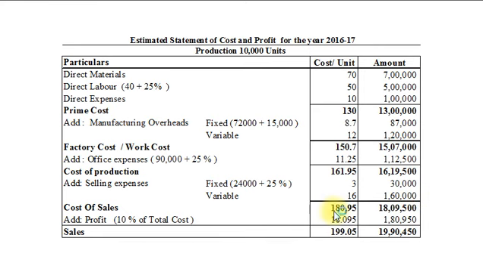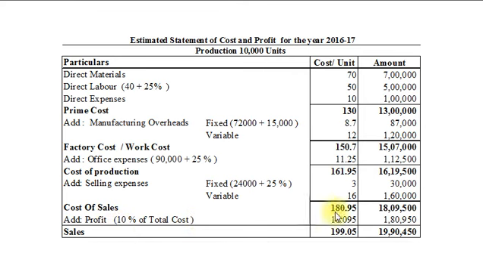So finally we get cost of sales or total cost rupees 180.95 per unit and 18,09,500 total. Now we will add profit, as already we have calculated in the year 2015-16, and the same rate of profit on cost is to be maintained for the estimated cost sheet of the year 2016-17. It was 10% of total cost.